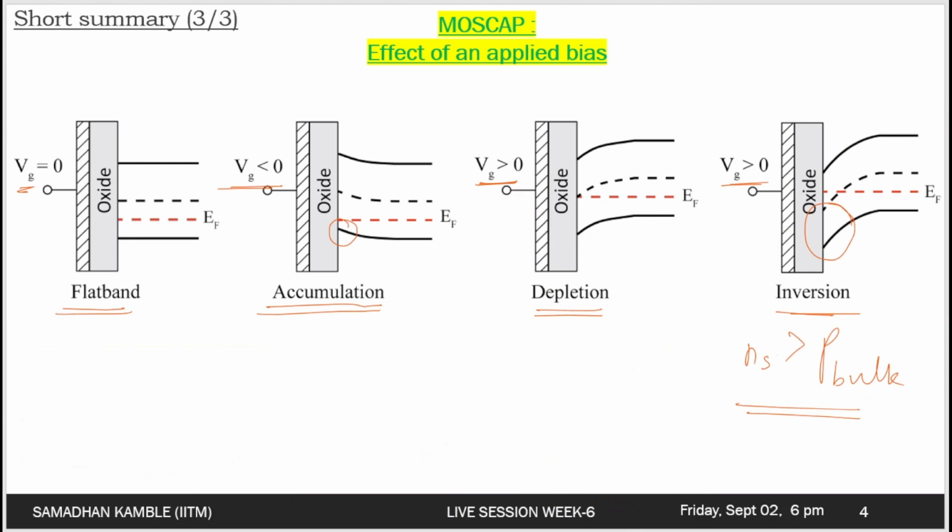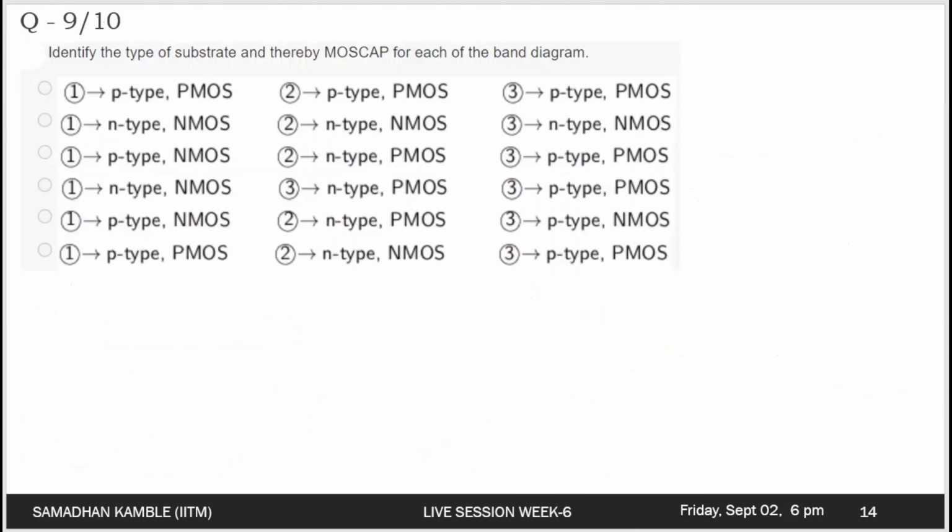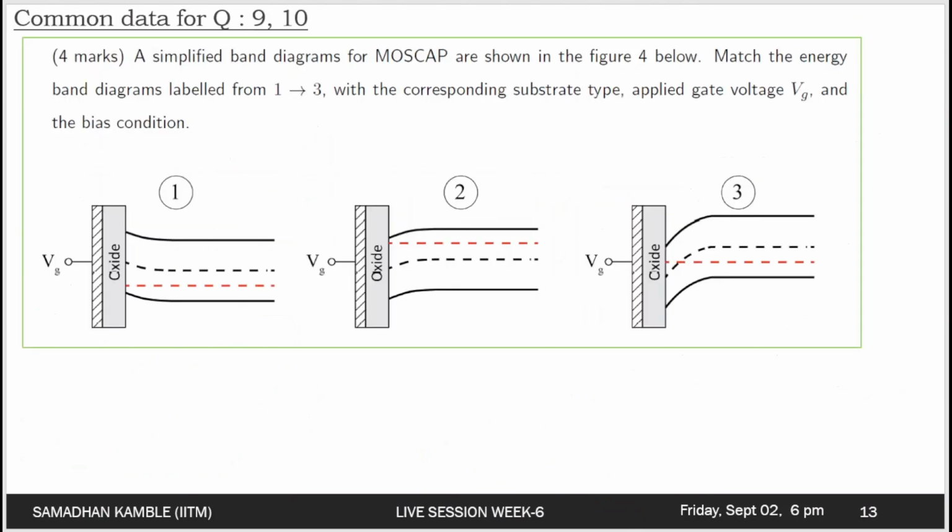Okay, so let me go to the question number. This is actually the last question, and this is the data for the last two questions. I'll read it out again. A band diagram for the Mos capacitor is given as shown in the figure.